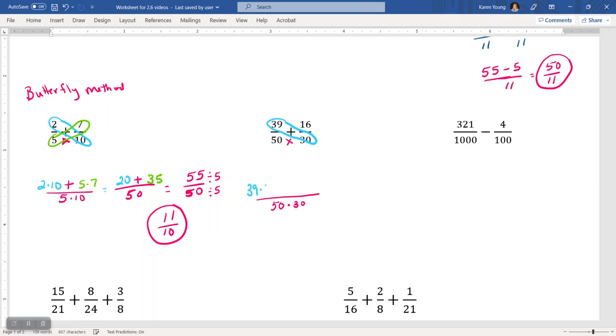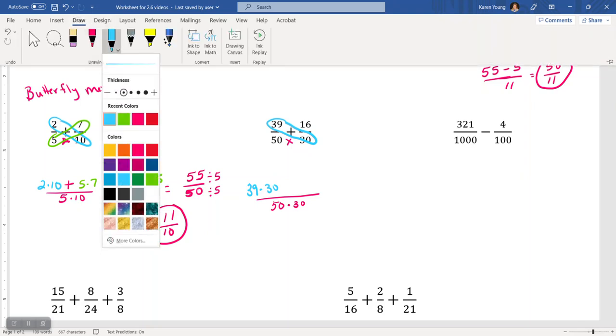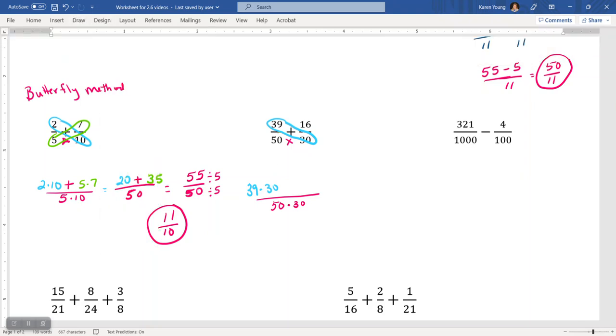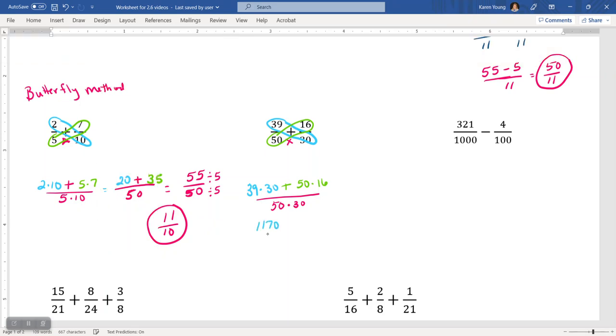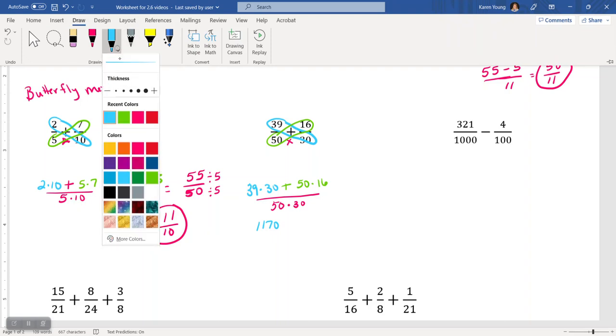I should have written this out. I still want to get 1170, but let me go ahead and write this out like I wanted to. And then I've got 50 times 16. So plus 50 times 16. So 39 times 30 is 1170. 50 times 16 is 800.